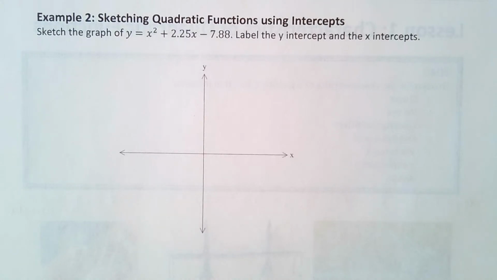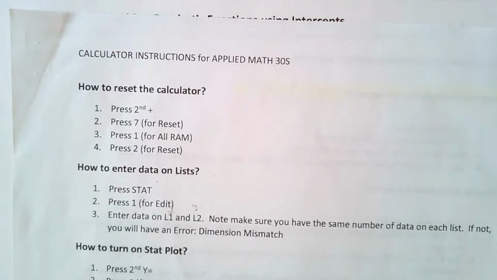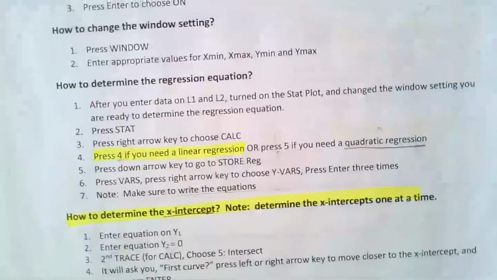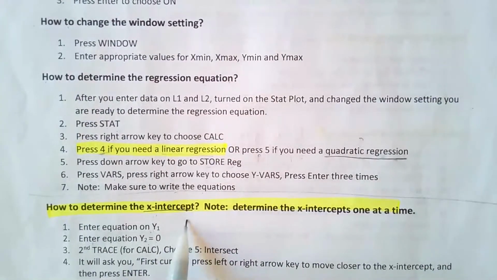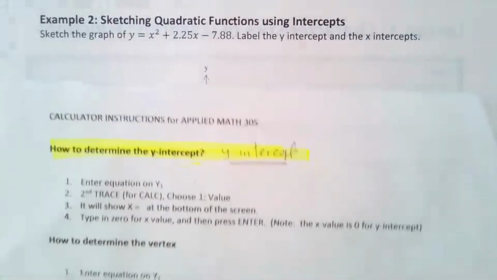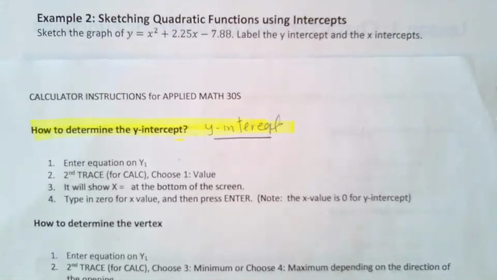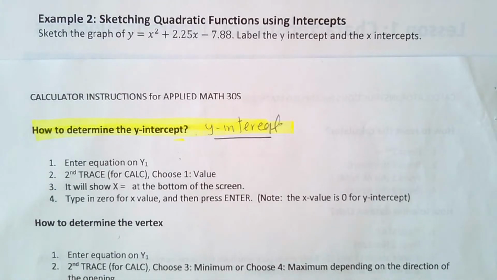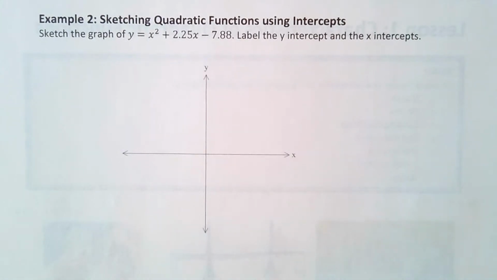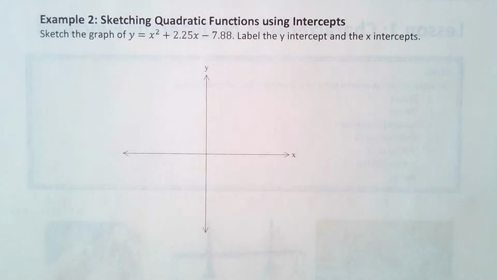Now, this is where you may want to refer to your instruction sheets. They will give you a reminder how to find the x-intercept and how to find the y-intercept. Also, if you're using Desmos, I'll do an example of how to find the x and the y-intercept on Desmos. It's a matter of touching your intercepting points.